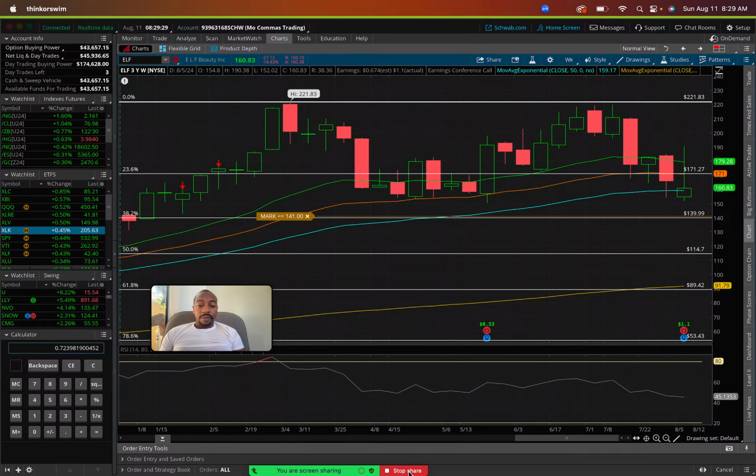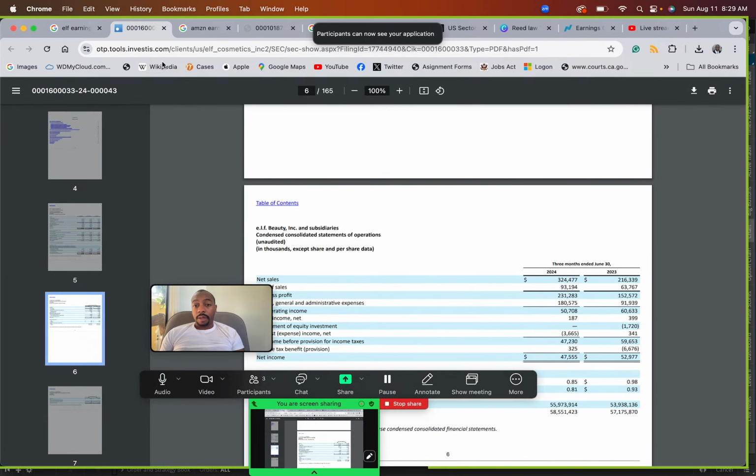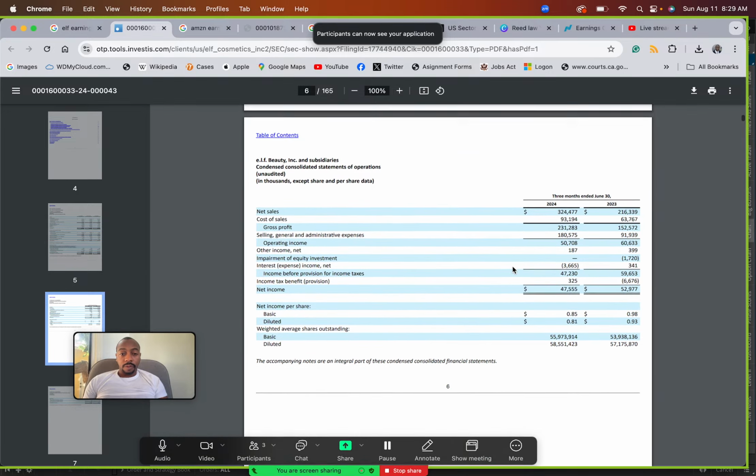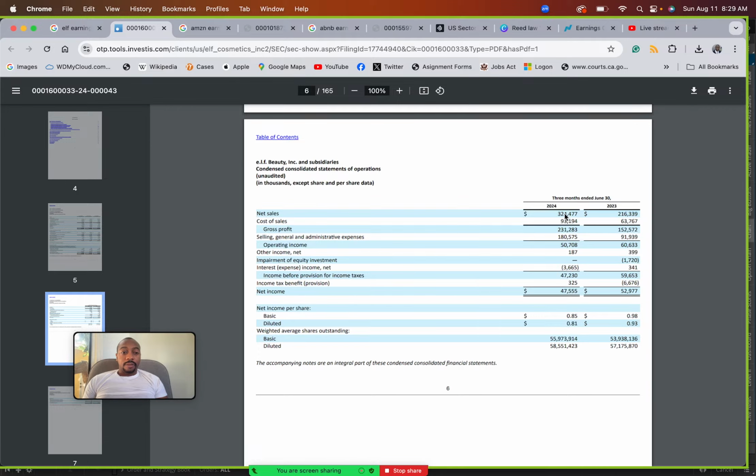Let me go back to its actual earnings report, right? From a fundamental standpoint, if you look at the net sales from quarter two of 2023 versus this quarter, look at the growth. It went from 216 million to 324 million, right?